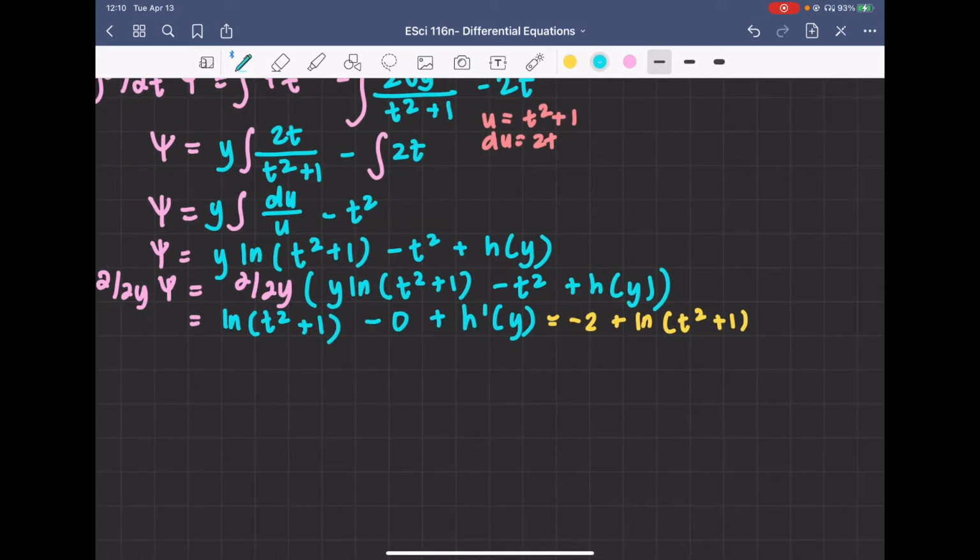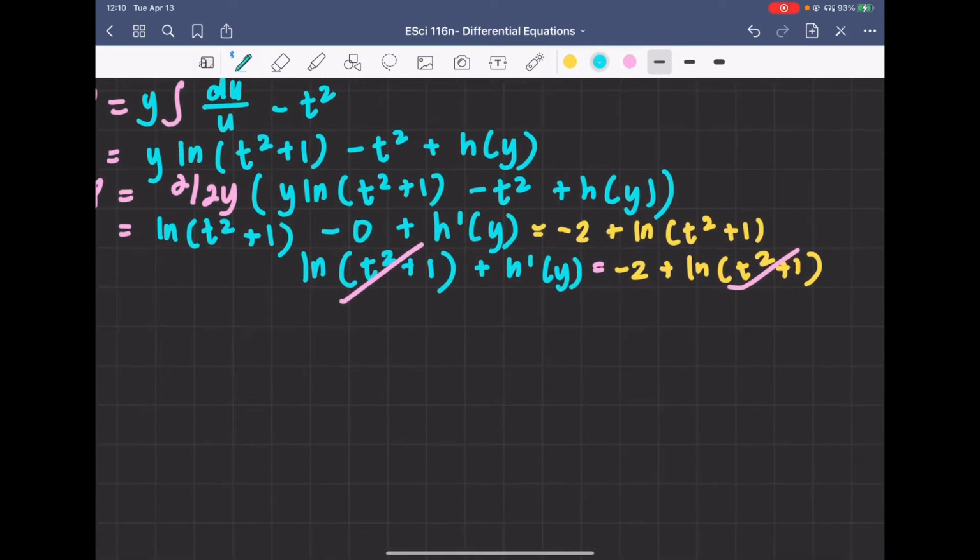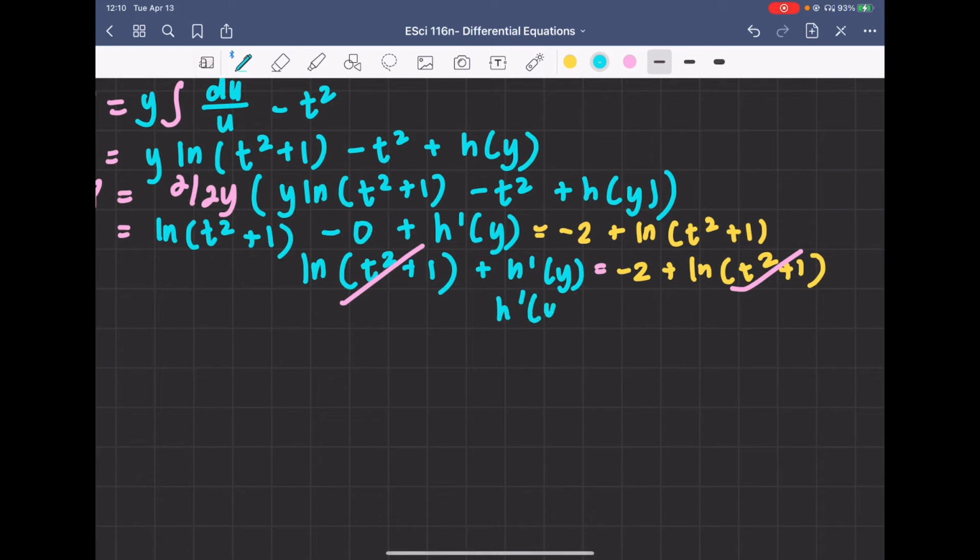So simplifying this whole equation, that's ln(t squared plus 1) plus h prime of y equals negative 2 plus ln(t squared plus 1). So we can cancel out our ln(t squared plus 1) because it exists on both sides. Therefore, our h prime of y is equal to negative 2.